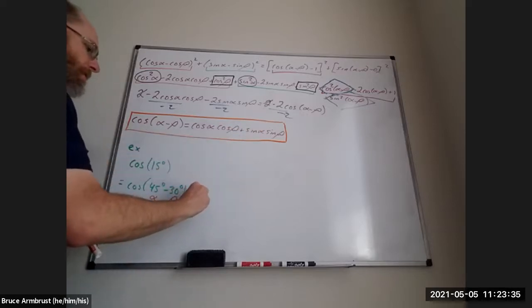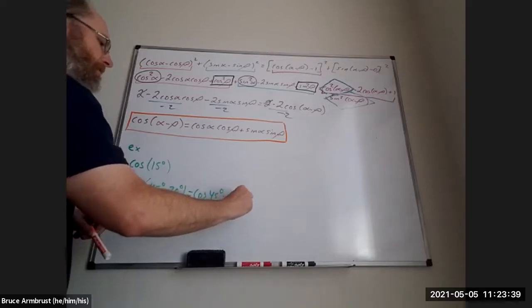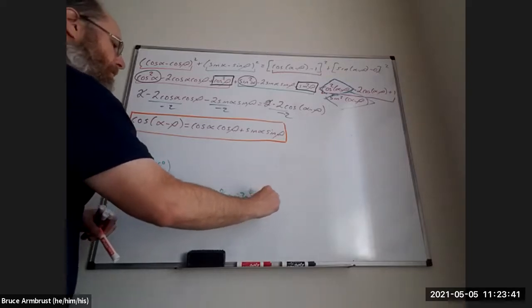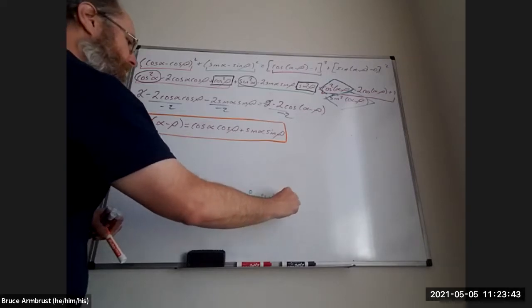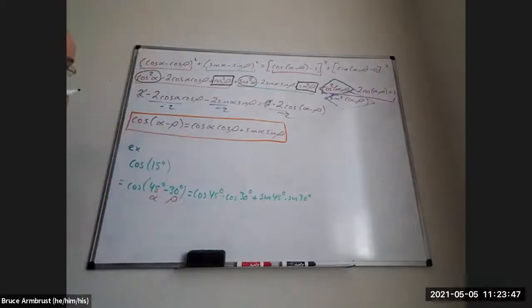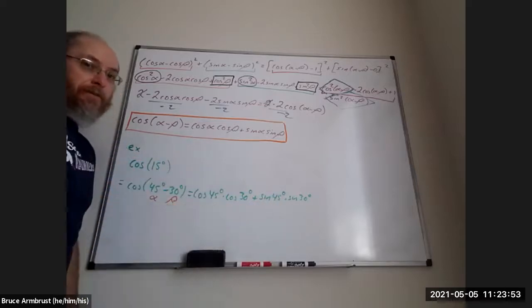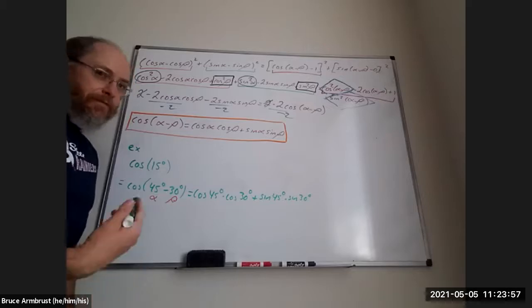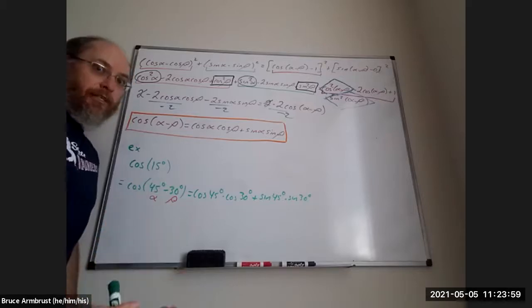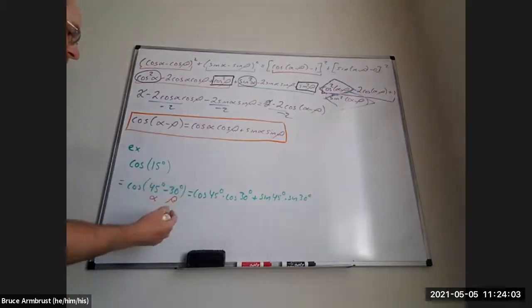So we're going to get cosine of 45 degrees times the cosine of 30 degrees plus the sine of 45 degrees times the sine of 30 degrees. And we know all these numbers. Those are all on our chart. We figured them out a long time ago now. So let's put them in.